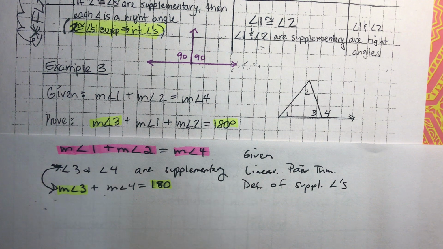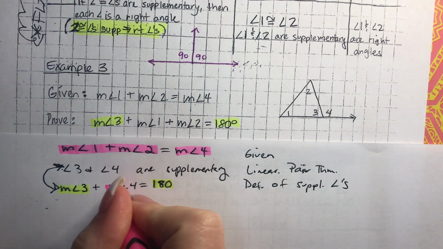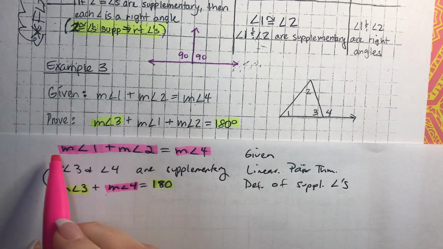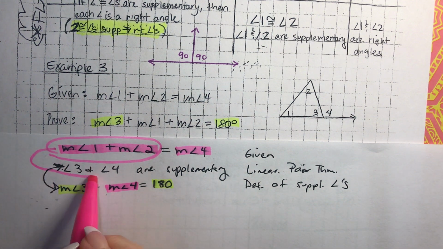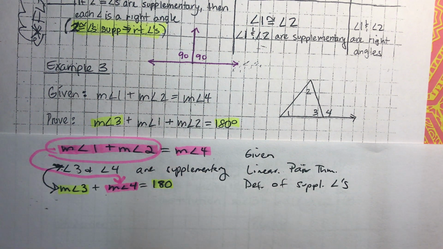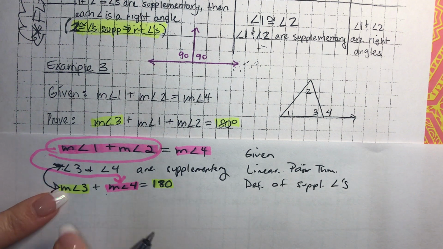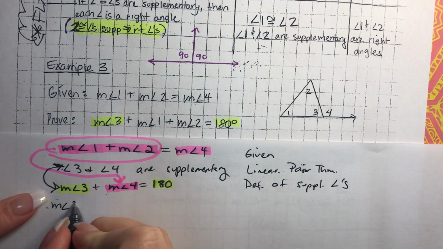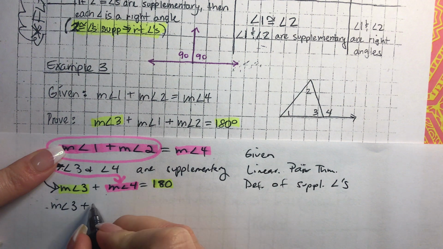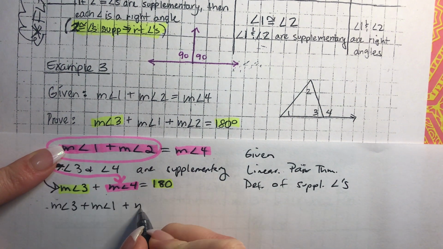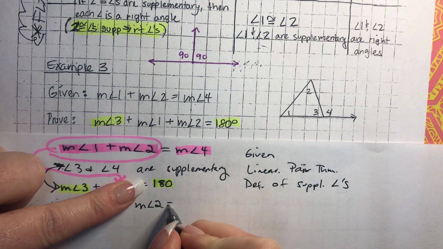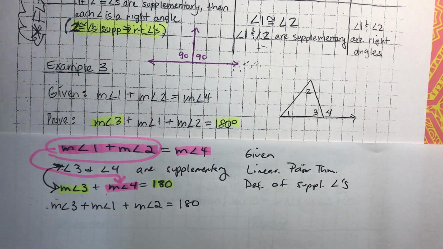So instead of writing the measure of angle 4, that is the same thing as this, and I can just substitute that in here. Then what would I have? I would have the measure of angle 3 plus the measure of angle 1 plus the measure of angle 2 is equal to 180.